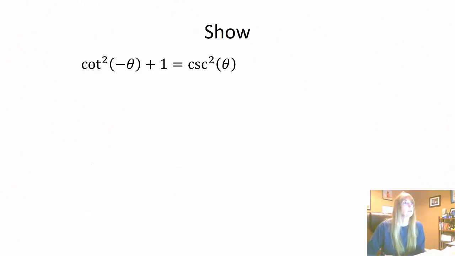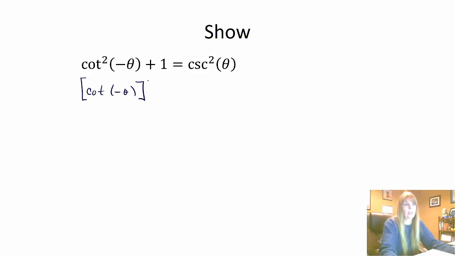Okay, let's finish up the trig identities and look at this one right here. This kind of goes back to where I mentioned you could rewrite the square on the outside, and that's important because remember that cotangent is an odd function, so we bring the negative outside.